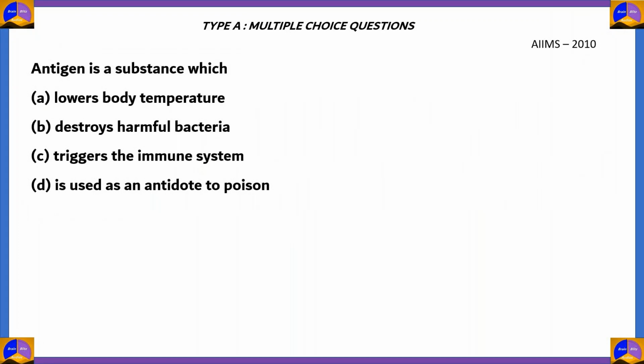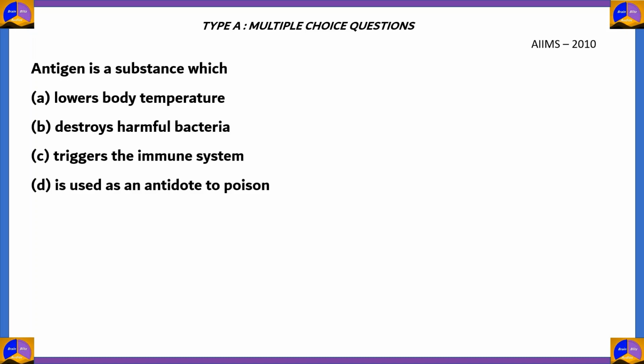Now, our next question. Antigen is a substance which A, lowers body temperature, B, destroys harmful bacteria, C, triggers the immune system, and D, is used as an antidote to poison. Let's look at this question.